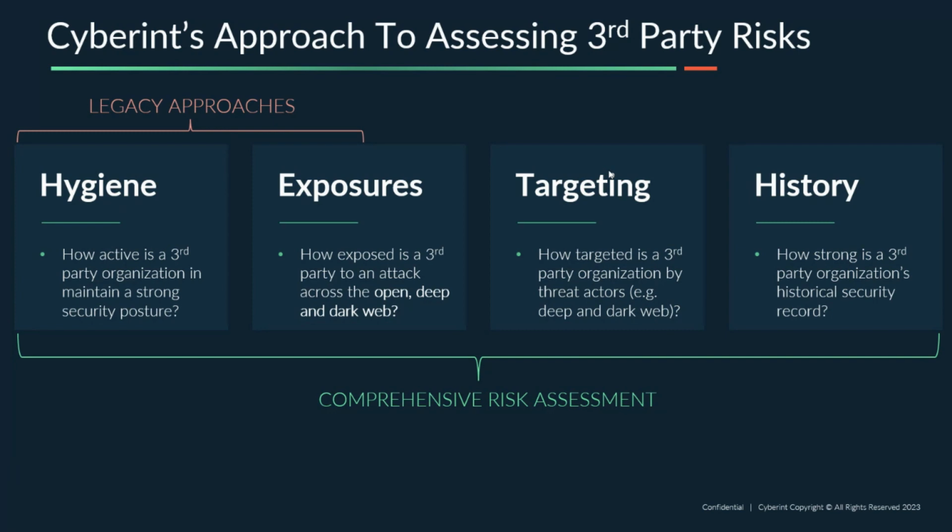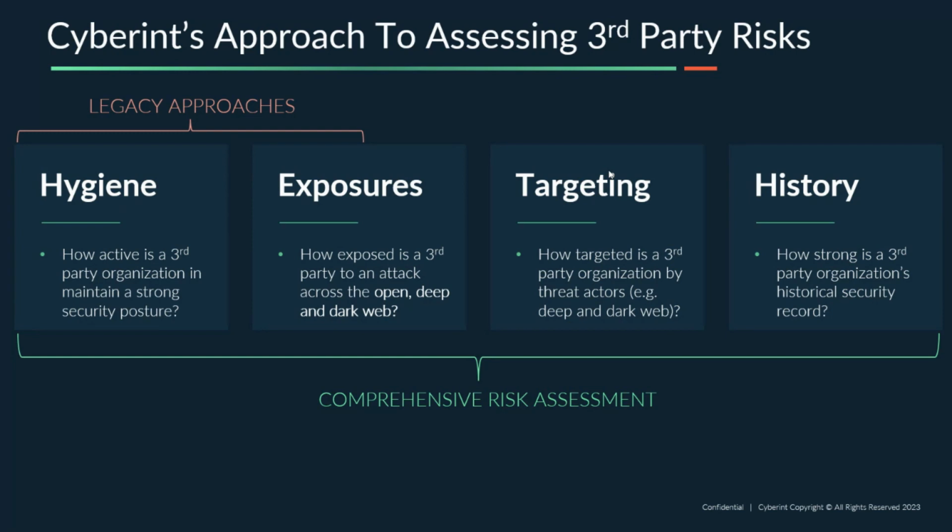So what we advocate doing as well is looking at activity in the open, deep, and dark web, the criminal activity, and see if this organization is being targeted. Are they a lucrative target? How do we know? Because they're discussing breaches, they're discussing techniques, they're discussing backdoors. All of this is out there. They're discussing active campaigns, right? We can actually see phishing campaigns targeting and attacking certain organizations.